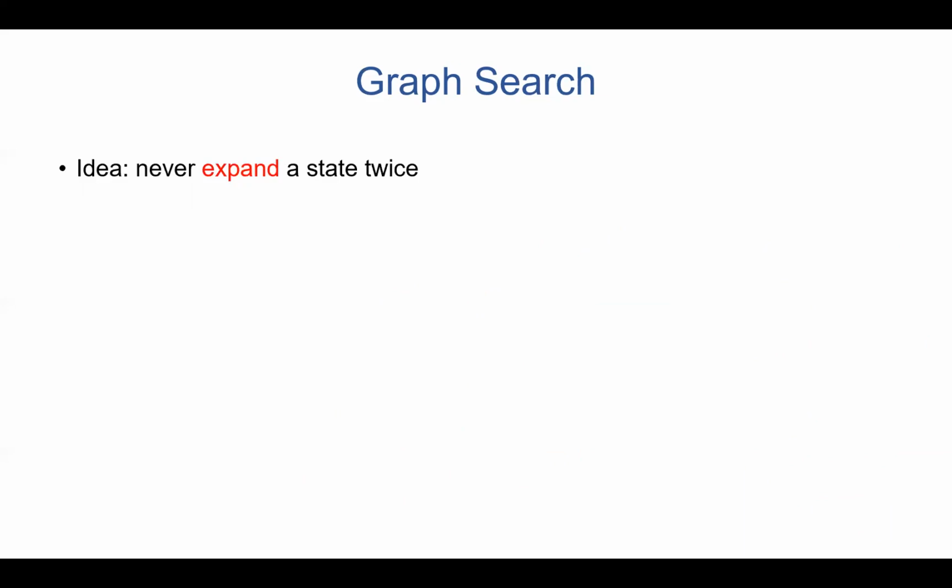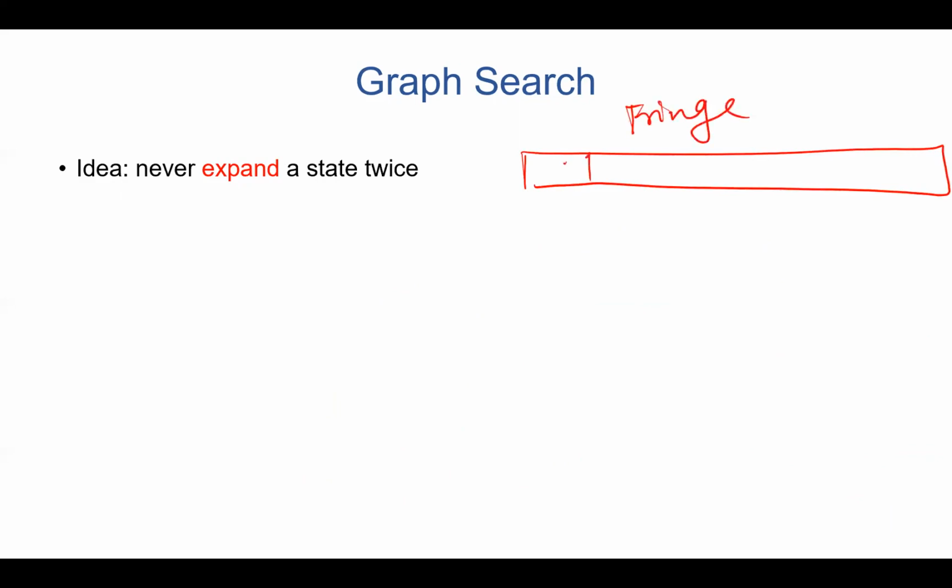So remember we had a fringe, right? So we had S, let's say A, D, E, P, and so on. And somewhere in the fringe, we have the goal state, right?